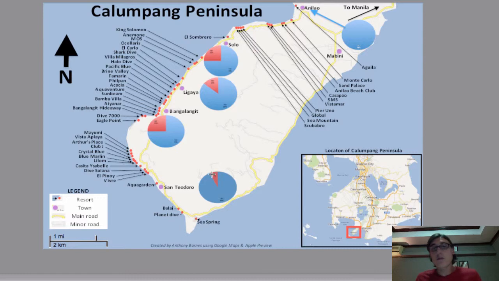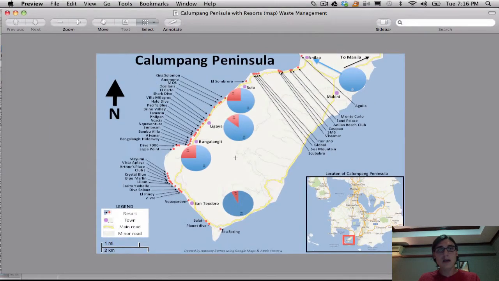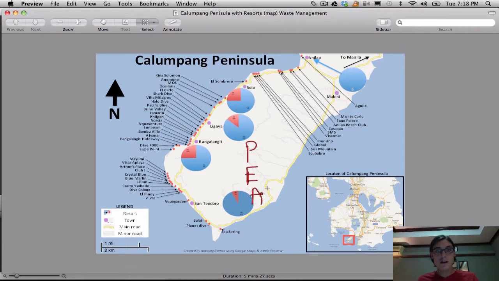And it makes it more fun and interesting to read and to look at. Finally, the last thing that I want to talk about are the patterns, examples, and anomalies of this map that I've created, because again, the patterns, examples, and anomalies should be done basically for every amount of information that you add to your data presentation. If I'm going to present this information, obviously I'm going to want to talk about it.